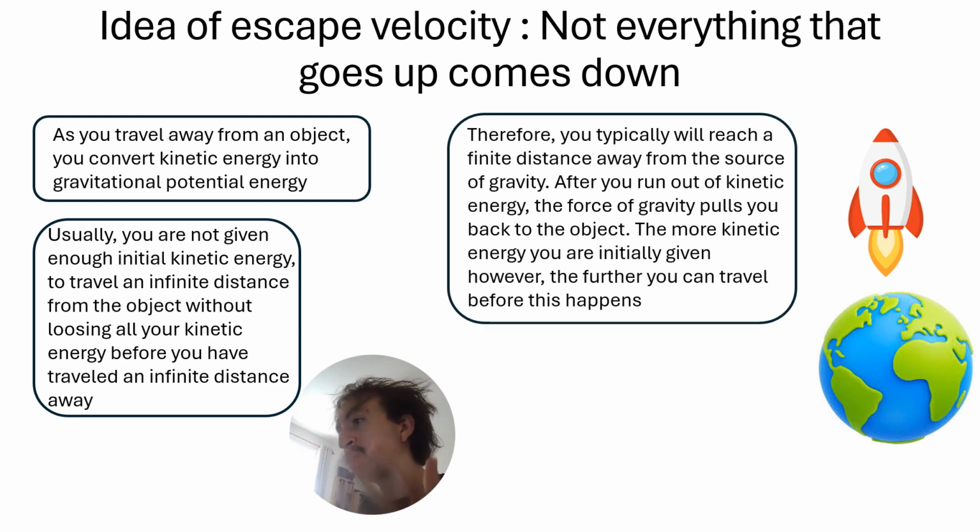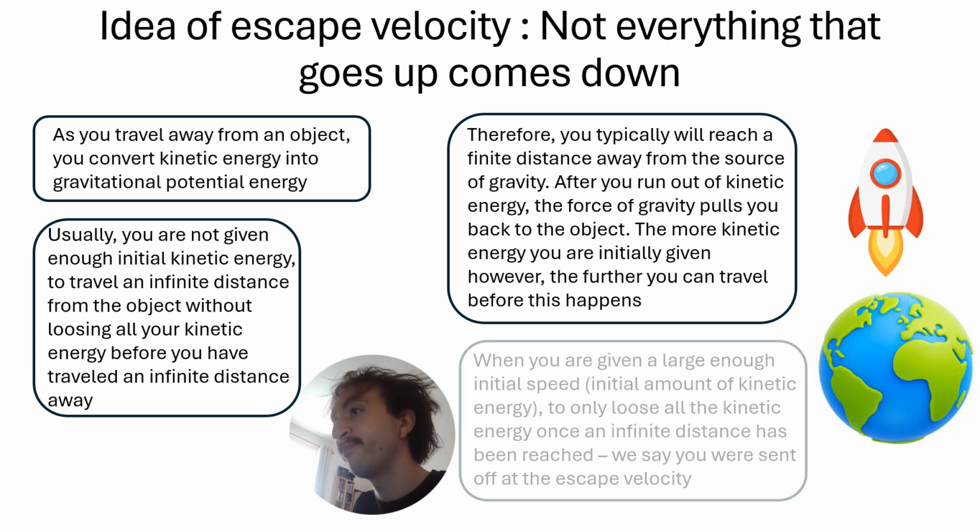And it's essentially a kind of natural inevitable conclusion of the idea that the more kinetic energy you provide something, the higher upwards it will be able to travel before it falls back down, combined with the idea that the strength of gravity actually diminishes as the object goes further up.